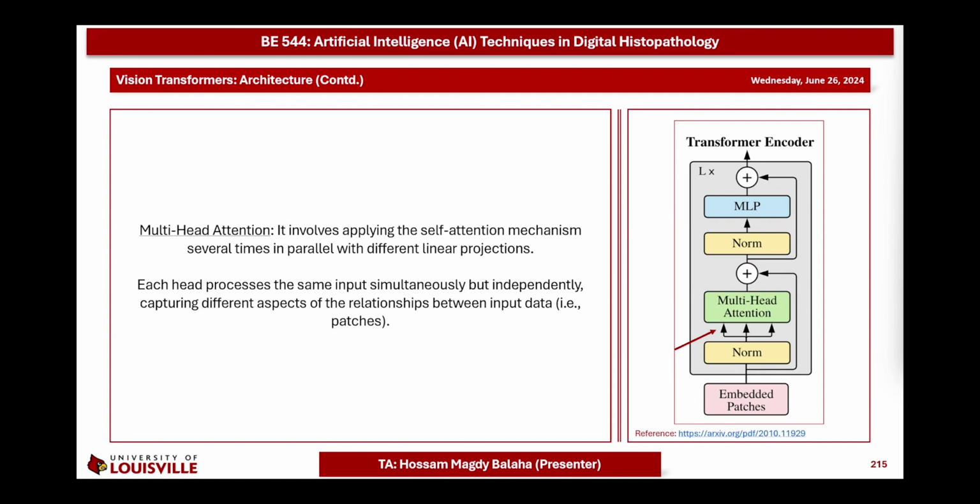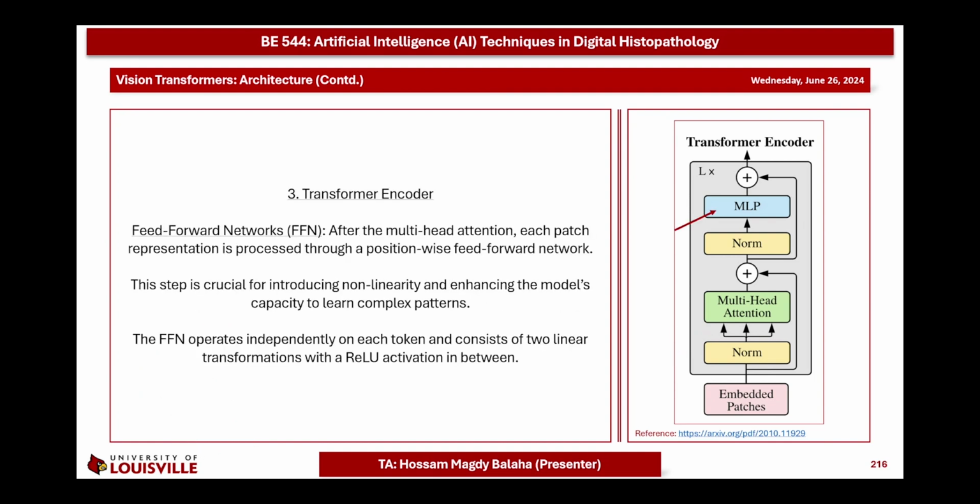So now we have embedded batches, or the input, provided to the multi-head attention. Each head will capture different aspects of the relationships, and after that they will be provided to a multi-layer perceptron or a feed-forward network. So after the multi-head attention, each batch representation is processed through a position-wise feed-forward network.